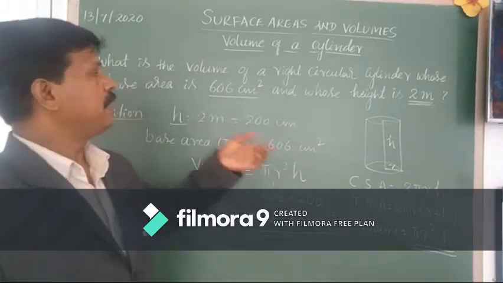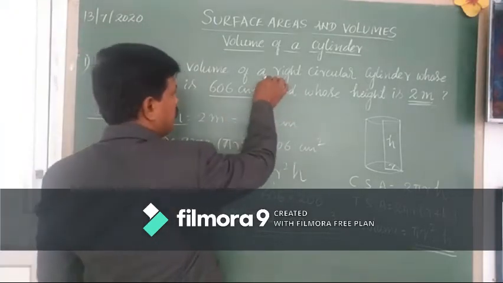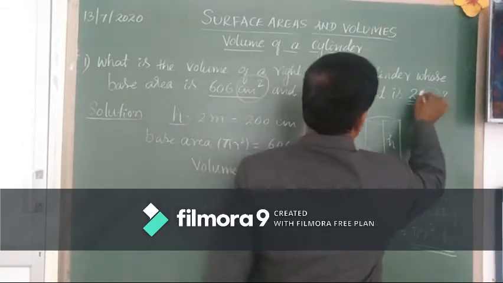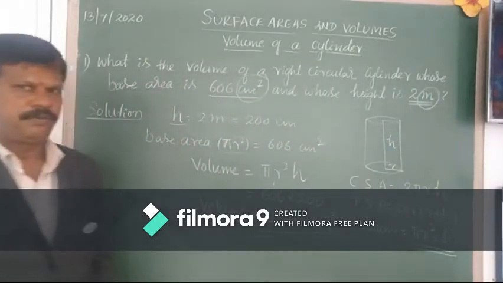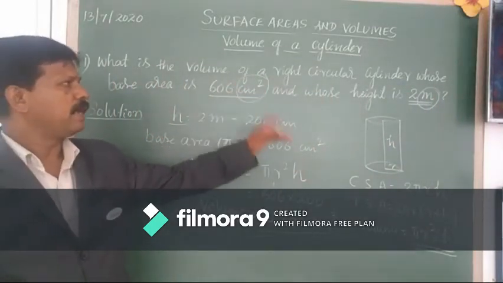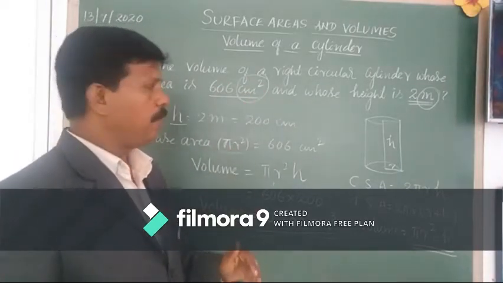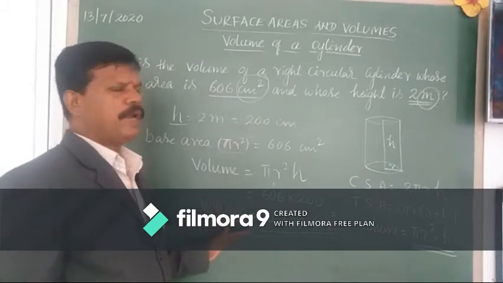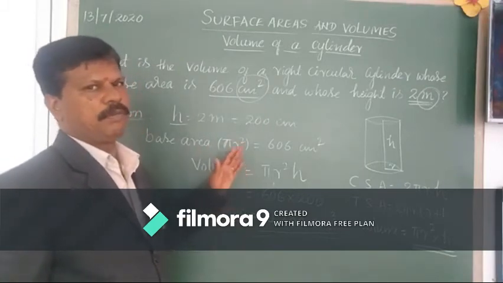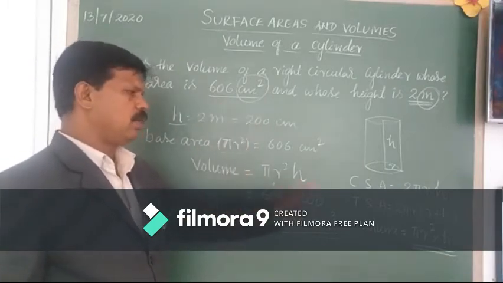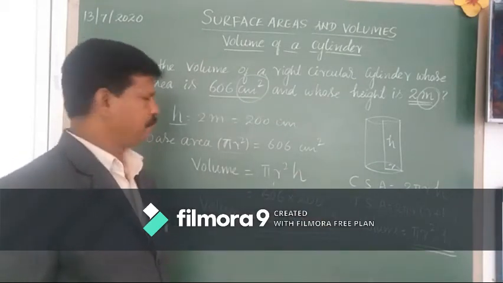Before multiplying, first note whether the units are the same or not. You should make sure that their units are the same. Clear? So this is one way the question may ask, directly giving base area and height.